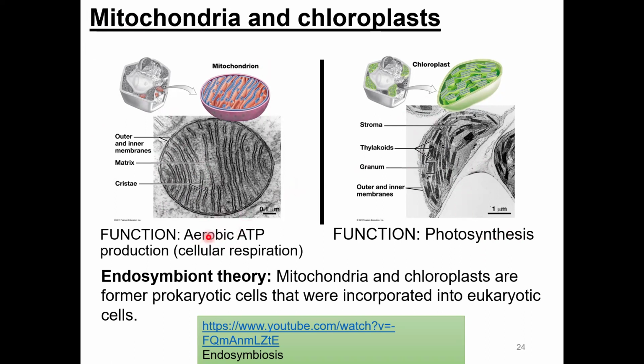Mitochondria also produce ATP for energy. And there is a theory called the endosymbiont theory, where mitochondria and chloroplasts are former prokaryotic cells that were incorporated into the eukaryotic cells. If you want to know more about that, I would check out this video as well.